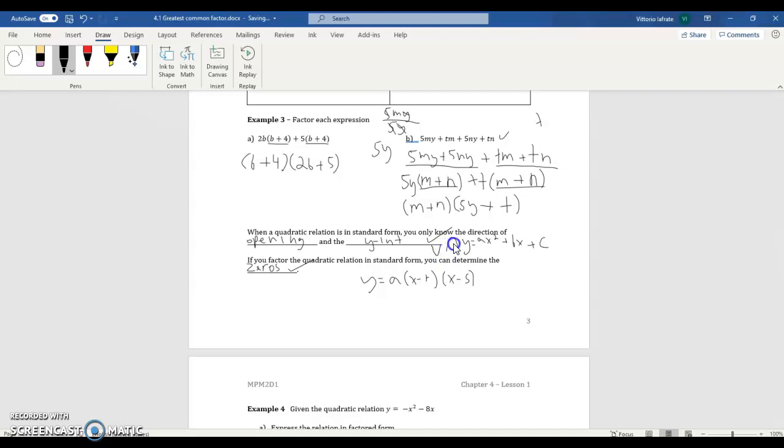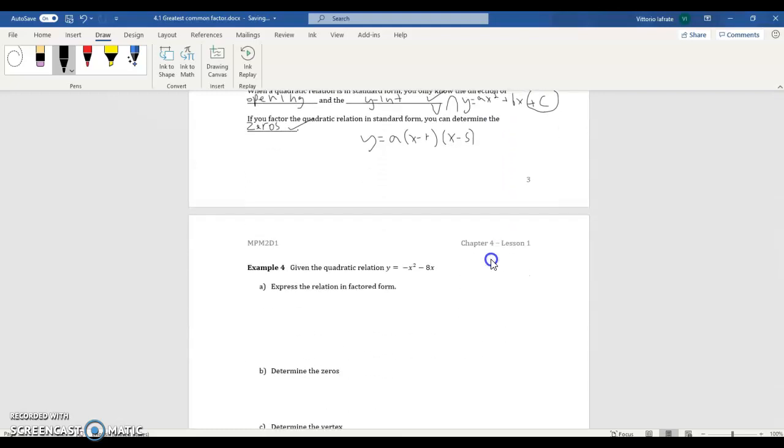And then if you want to find your y-intercept, when x is equal to 0, your y-intercept is going to be equal to c. So you can use both of these forms to help you in sketching your parabola when you're drawing one from equations. So let's go try an example out over here.